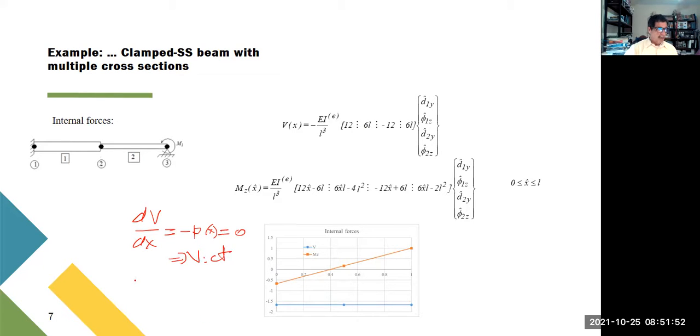Again, in this case, dM/dx, I'm sorry, M is EI v,xx. So if this is cubic, the second derivative is linear, and that's what you see here.